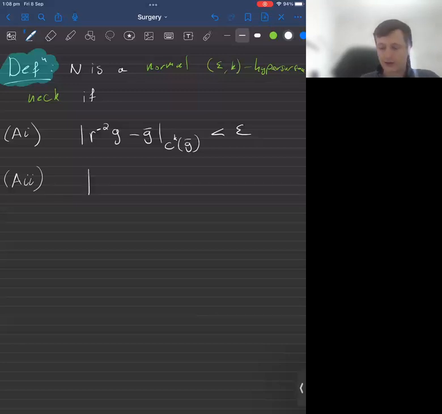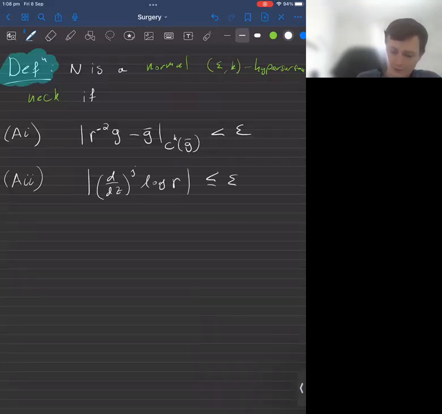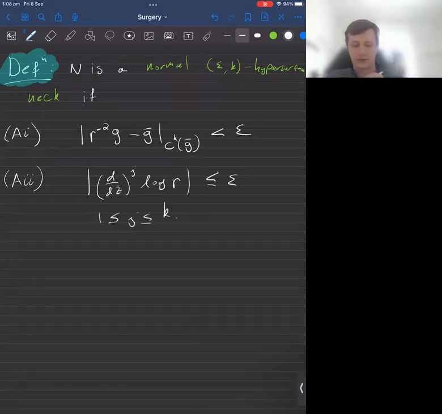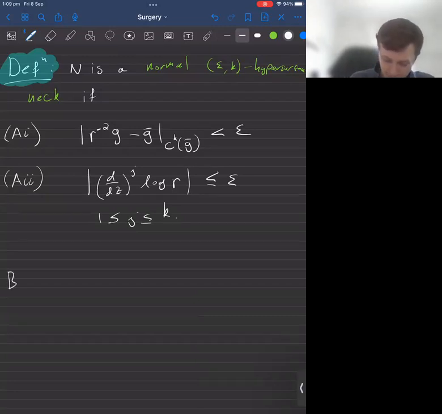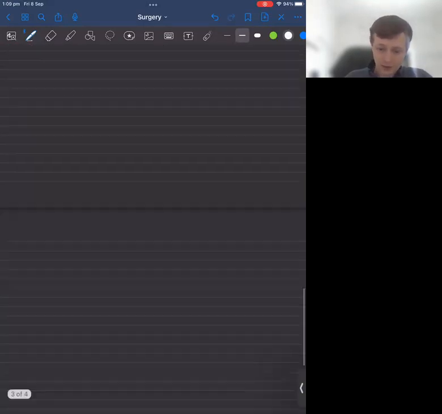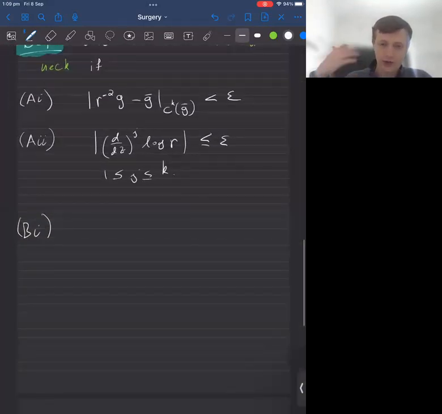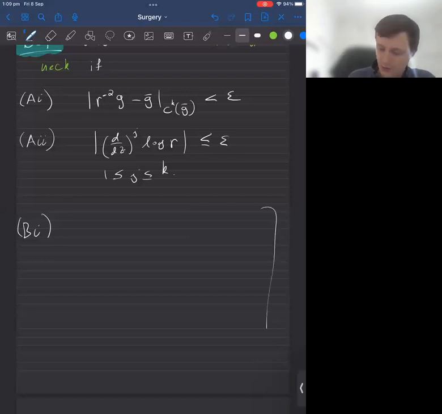Secondly, the average radius function doesn't grow too quickly, so I can bound this for 1 less than or equal to j less than or equal to K. I'll call this one B_i, and this is what they call the normal parameterization.